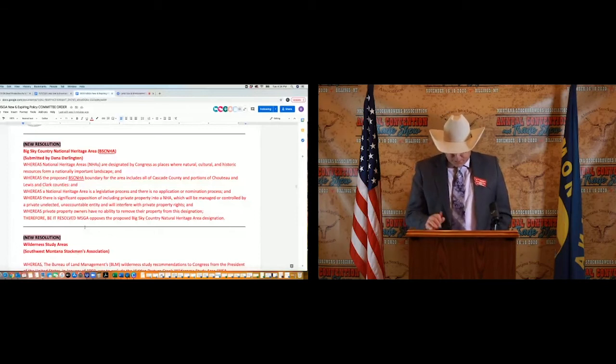Their original proposed designation for a heritage area was half of Lewis and Clark County, all of Cascade County, all of Choteau County, half of Fergus County, and parts of Blaine and Phillips. National heritage areas are designated by Congress with appropriating funds administered through the National Park Service.